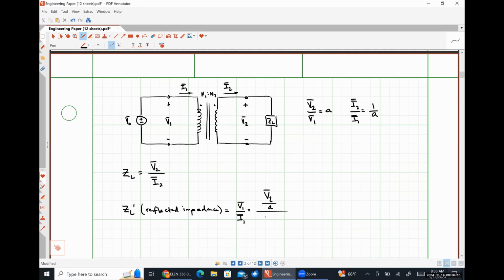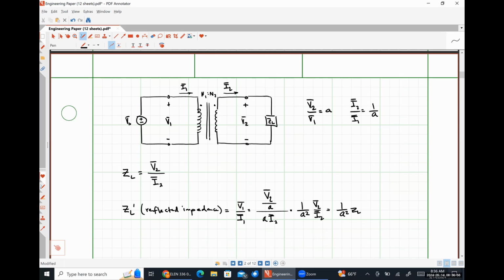A times I2. So to me, that looks like 1 over A squared times V2 over I2, or simply 1 over A squared times my load impedance. So if I need to refer my impedance from the secondary side to the primary side, I simply divide by the square of the turns ratio.